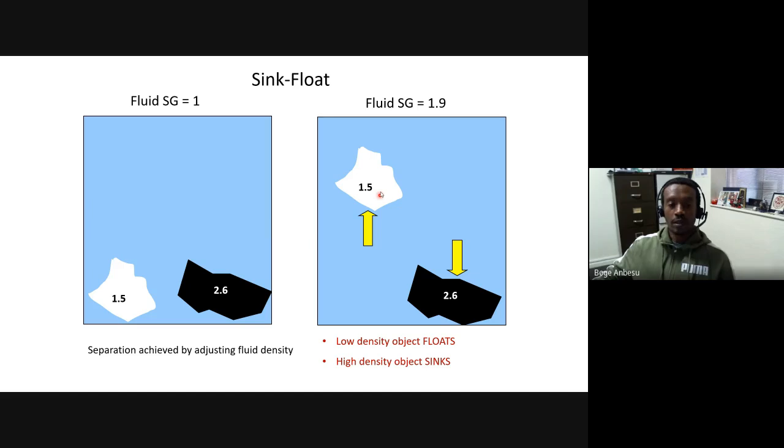That's what we call the float product. If you have an ore where light and dense particles are mixed together, and you put this through a dense media, you would expect the light to report to the float and the heavies to report to the sink. That's why something like this can conveniently be called a sink and float separation. And the difference here is just the media density, from something that's about 1 in water, we go up to a heavier material with density of about 2.6.